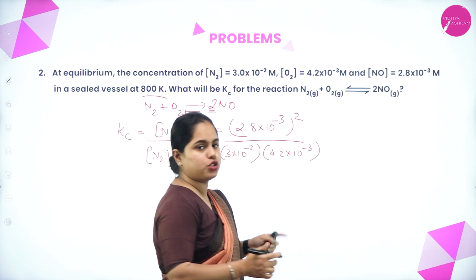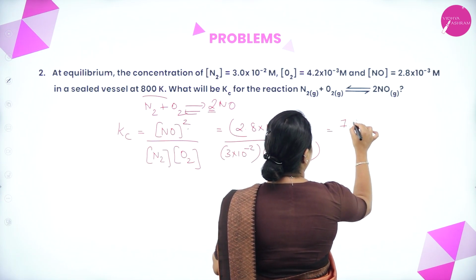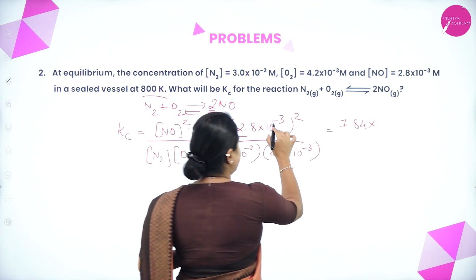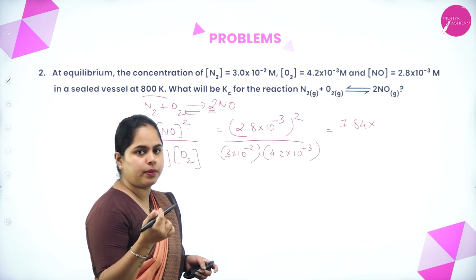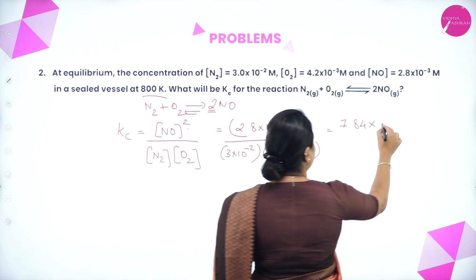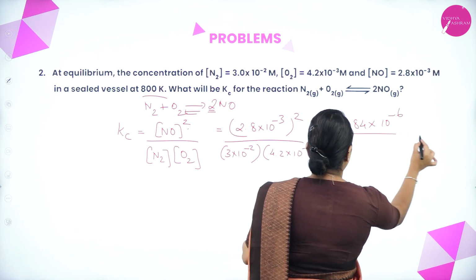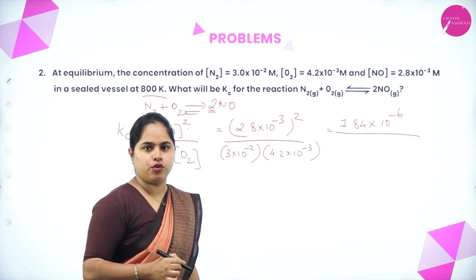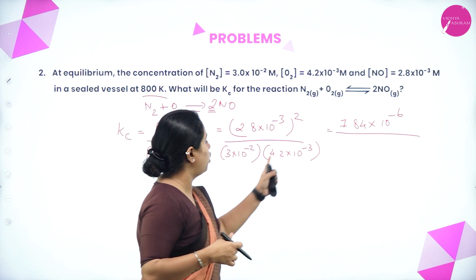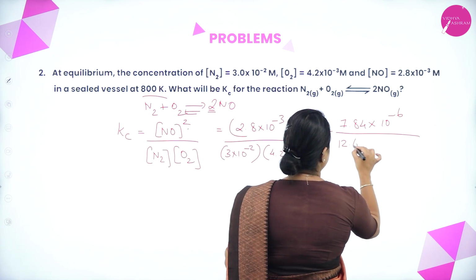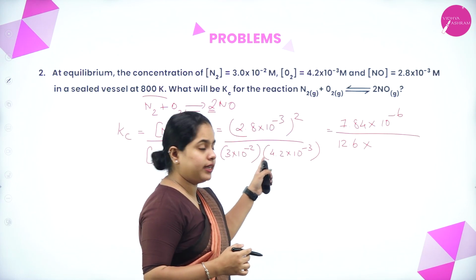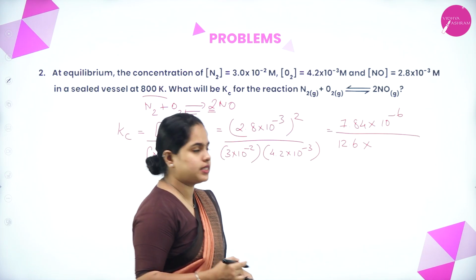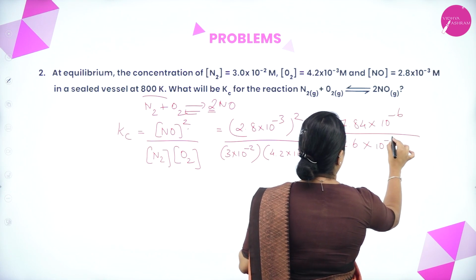2.8 into 2.8 will give you 7.84 into 10 to the power minus 3, square will be 3 into 2, that is 6. It will give you 10 to the power minus 6, divided by 3 into 4.2, which will give you 12.6, and 10 to the power minus 2 into 10 to the power minus 3 will give you 10 to the power minus 5.